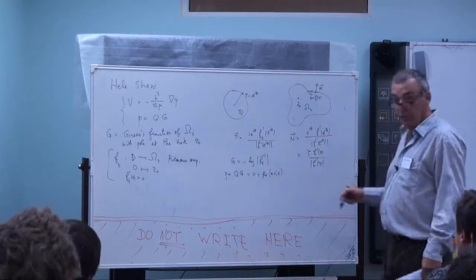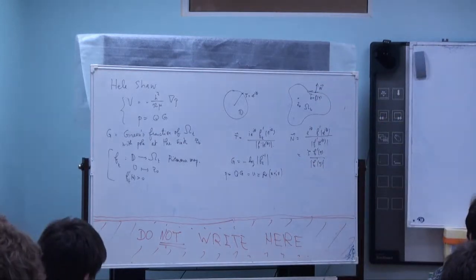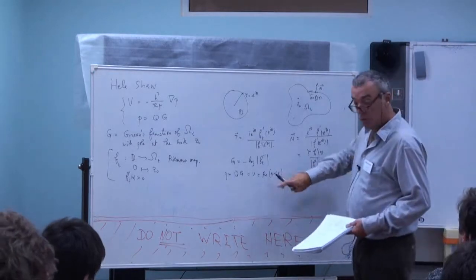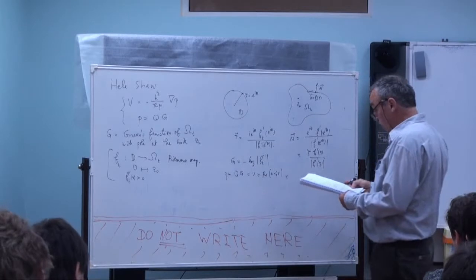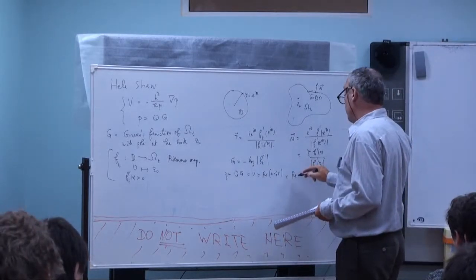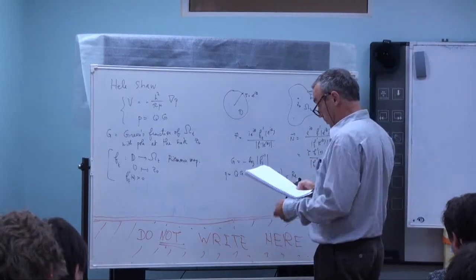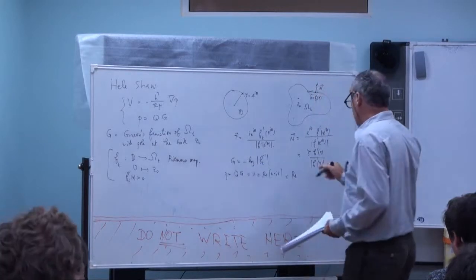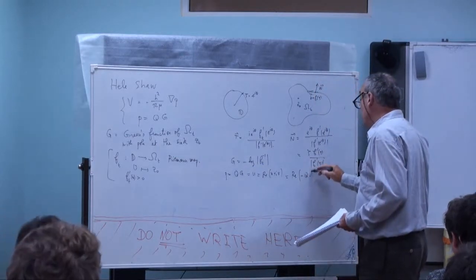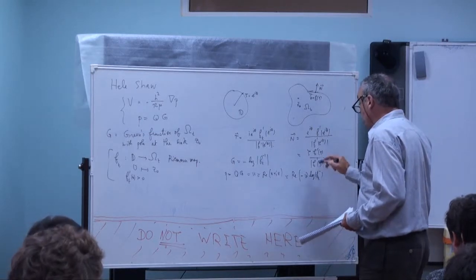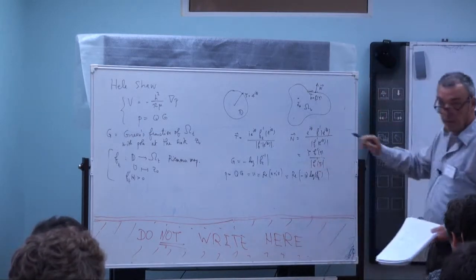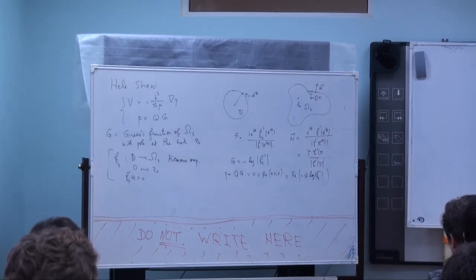And now V is a multi-valued function, which is the conjugate of U, so it's minus Q times log of f t inverse without absolute value. So this is a multi-valued function.